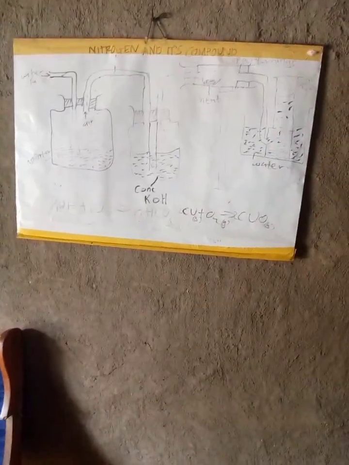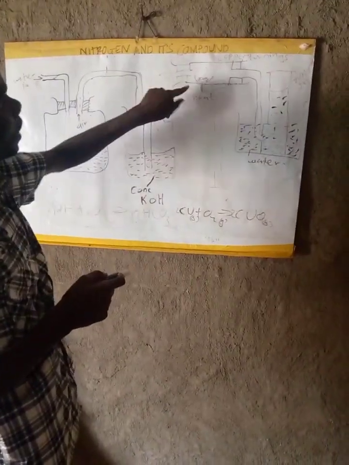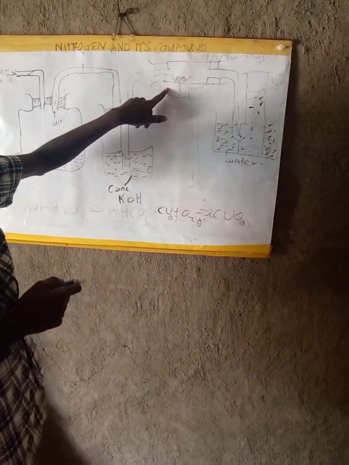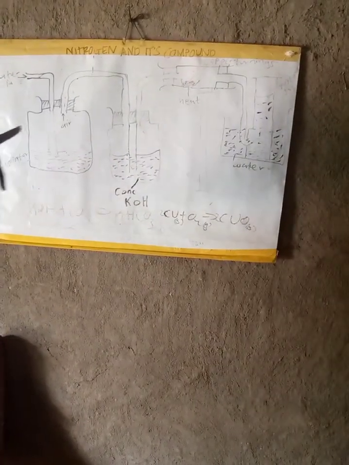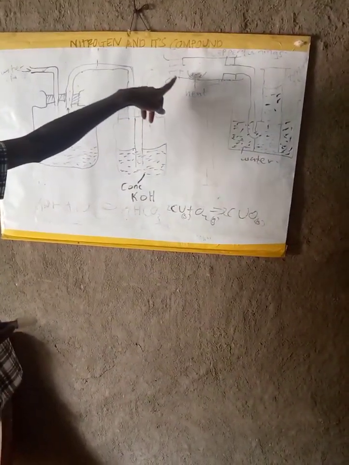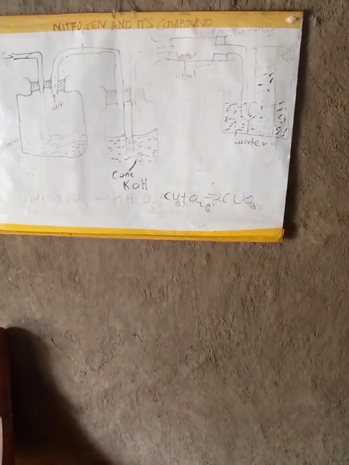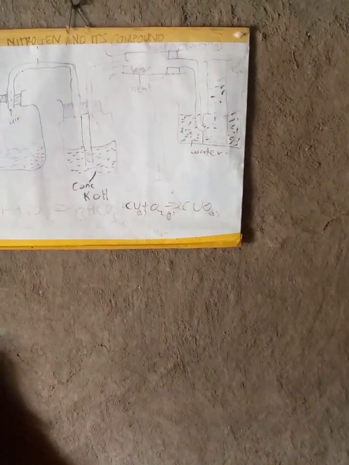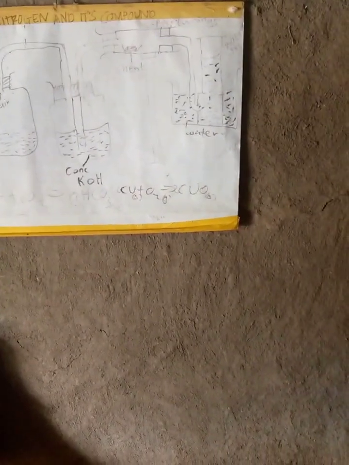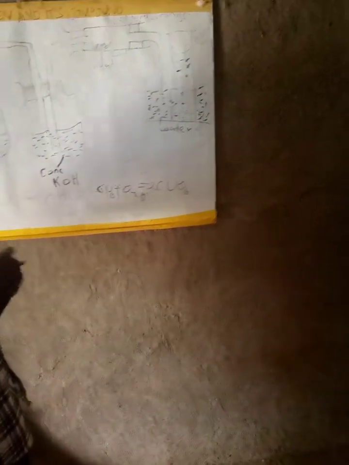Another thing you need to know: you can also be asked to give the observation that you will see in the combustion tube. The observation is that the black solid of copper turnings will turn brown.